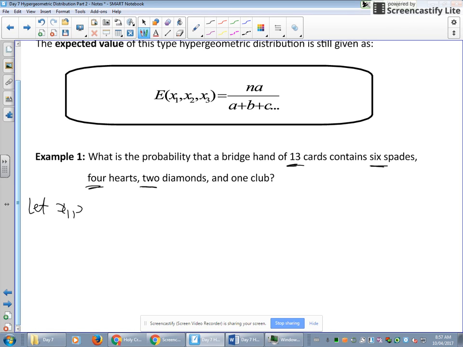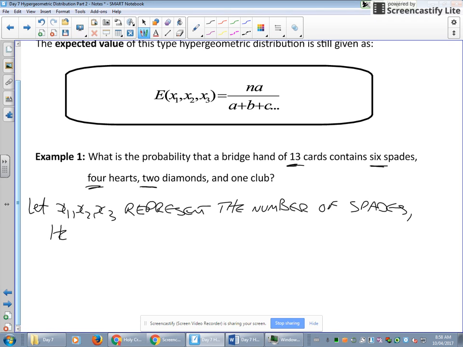Let x1, x2, x3 represent the number of spades, hearts, and diamonds.